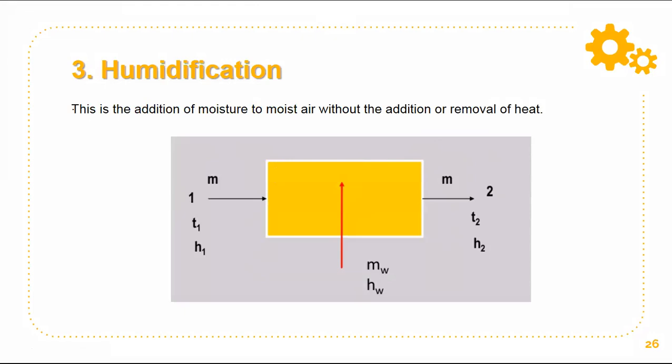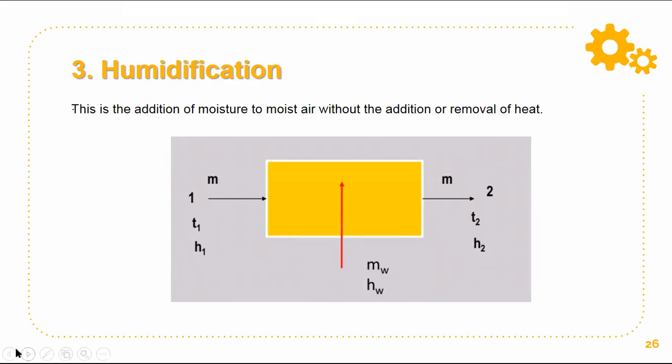In here, we add moisture to air, but there's no amount of heat added or removed. So you could see this as a simple illustration. Moisture is added to our system of gas and water vapor. Correspondingly, that moisture of course will have its enthalpy. So that's HW. And by the way, the H here refers to enthalpy.